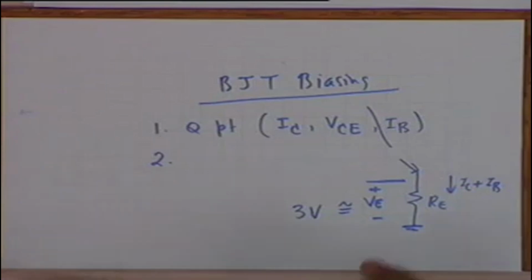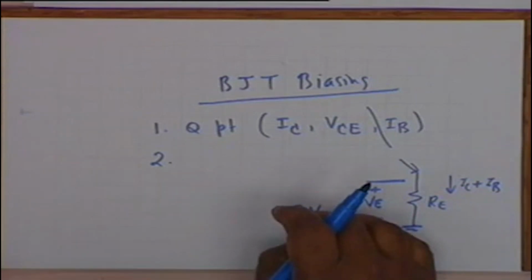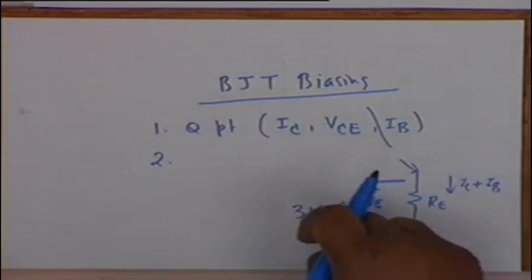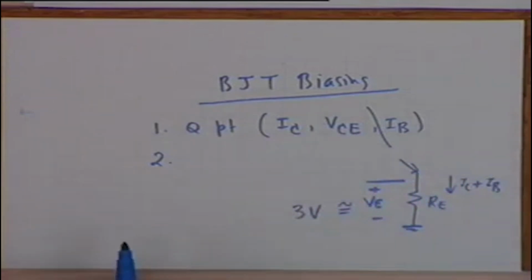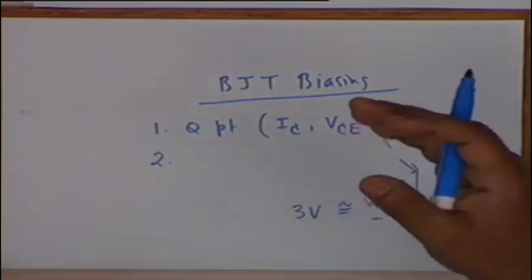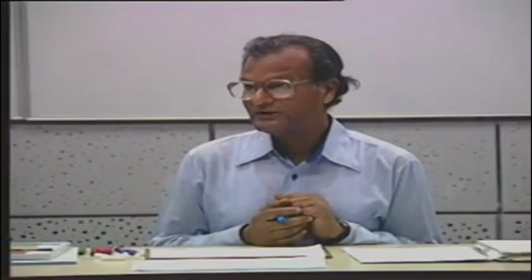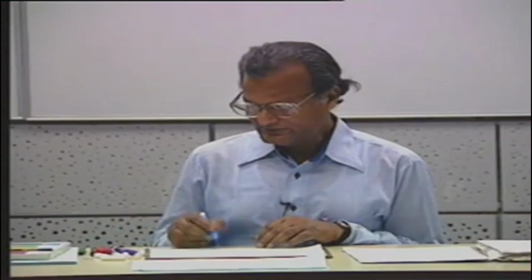Now suppose this transistor is to go into a space instrumentation, into a space vehicle, where the voltage available is very small, maybe 1 volt in total, then obviously this will not do. You will have to change the design appropriately, maybe 0.3 volt. But for normal operating conditions, 12 volt supply or 15 volt supply, you assume VE approximately as 3 volts.